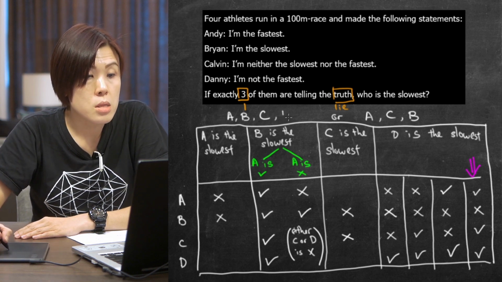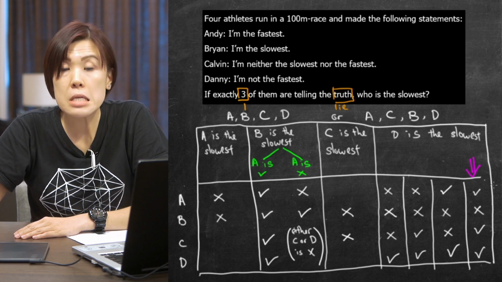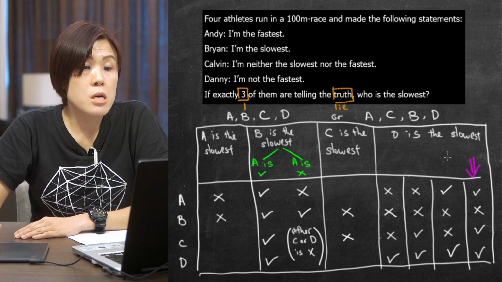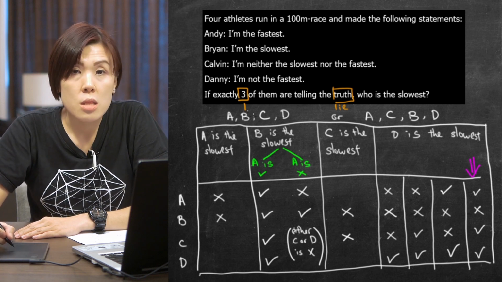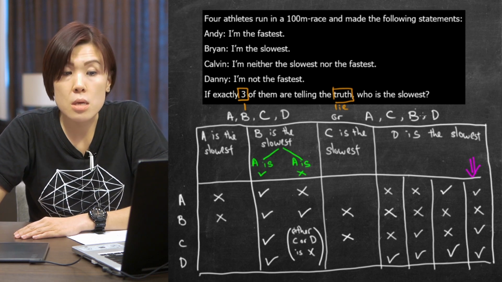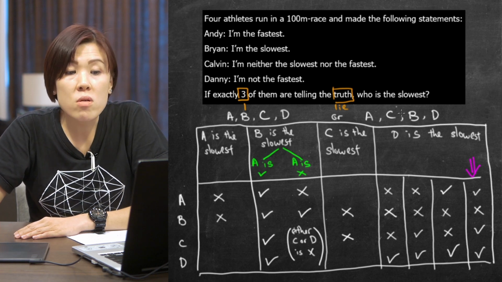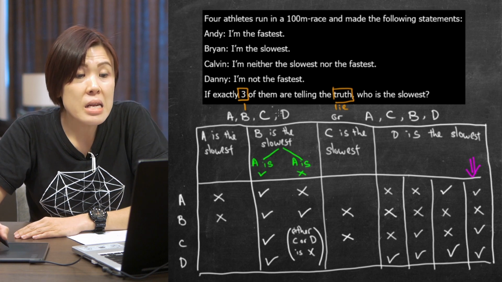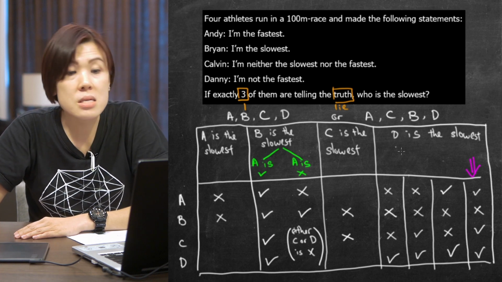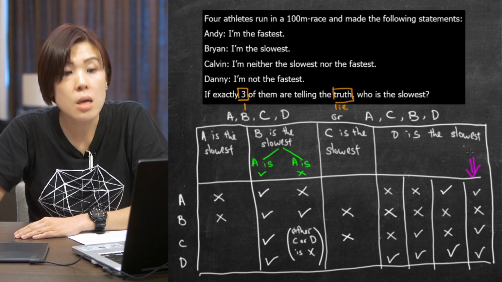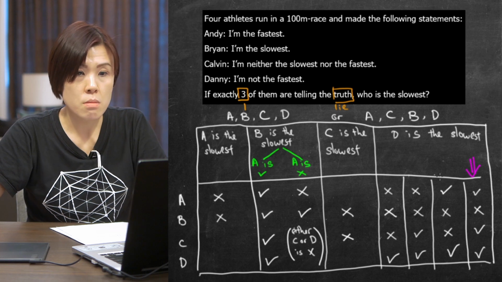Seems like this assumption is valid because according to this order, no matter whether Bryan is in the 2nd place or the 3rd place, or whether Calvin is in the 3rd place or the 2nd place, Danny is always the slowest. So our assumption where Danny is the slowest is valid, which is the answer to this puzzle.